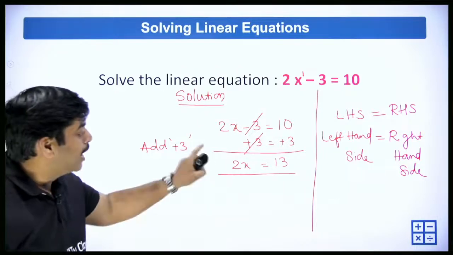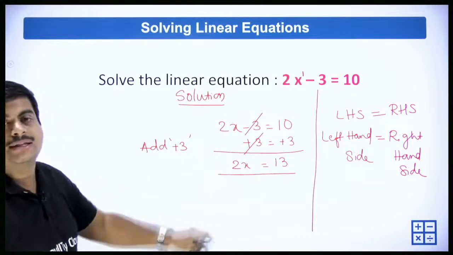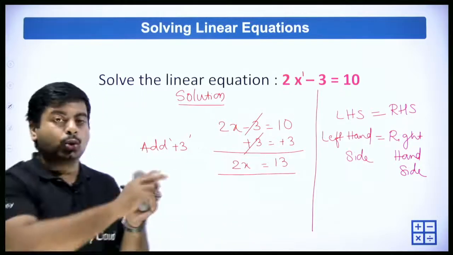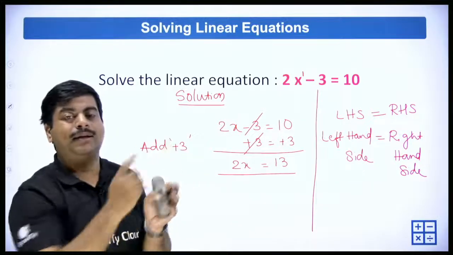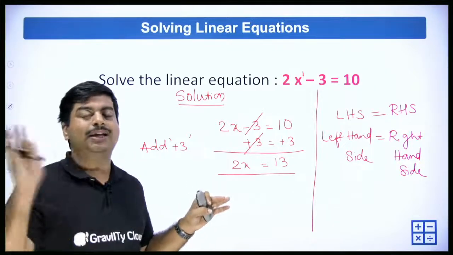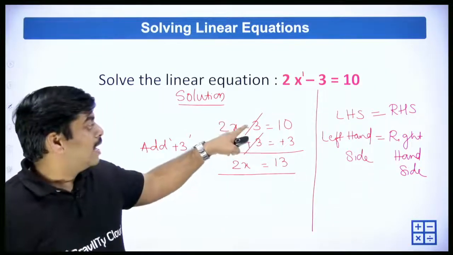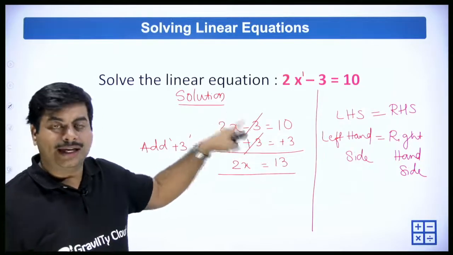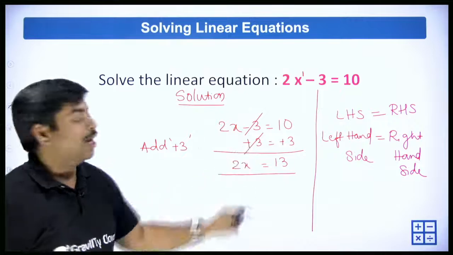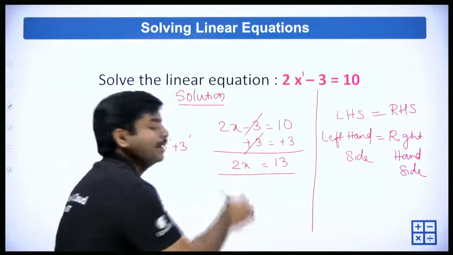So now how to eliminate this 2? It is being multiplied, 2 into x. So you need to divide so that we can eliminate 2. Carefully see here. There is a minus 3, a negative number. We added the same positive number. We have a number in multiplication.